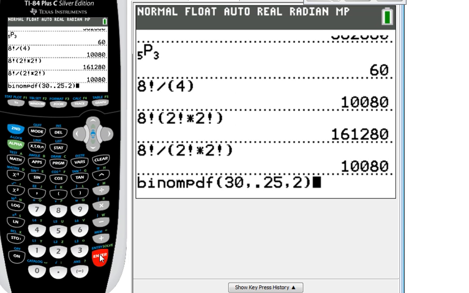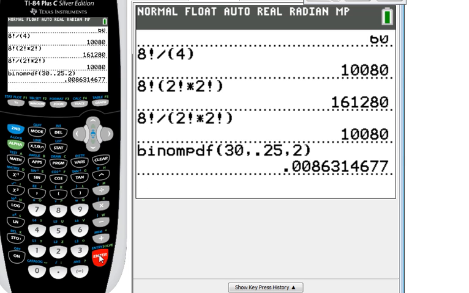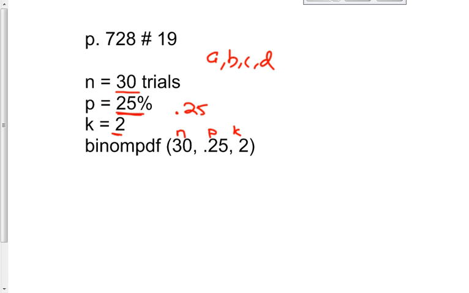There's our equation, binomial PDF, 30, 0.25, 2, and we come up with our answer, 0.00863. Let's go back to my screen, 0.00863. Hopefully everybody came up with that particular response.